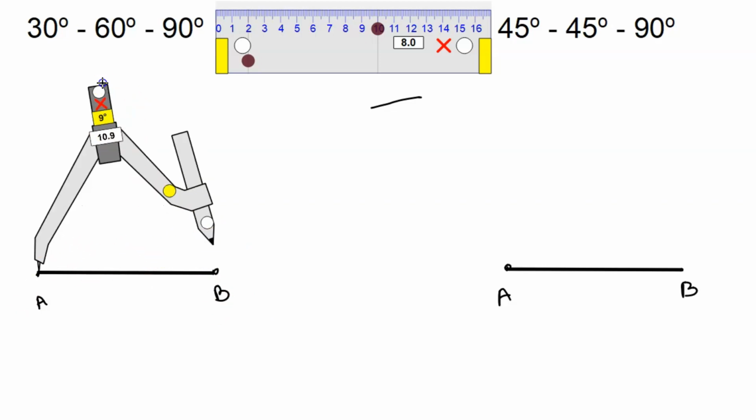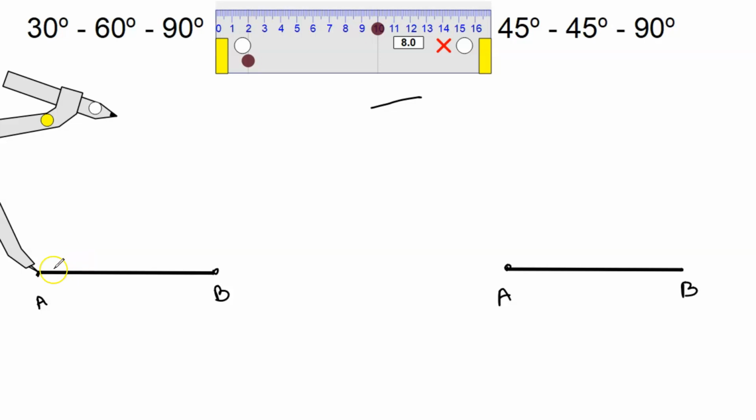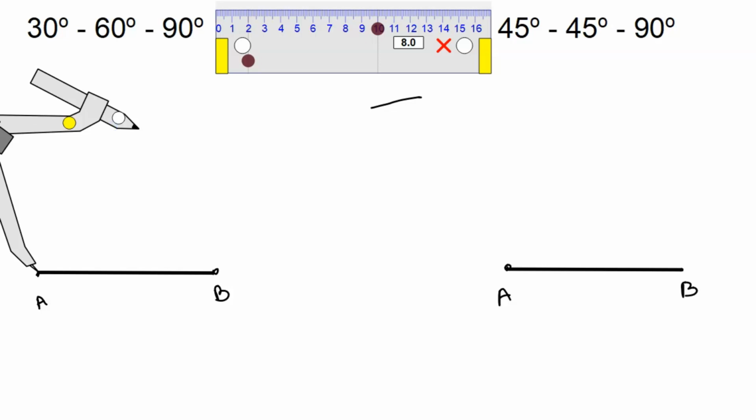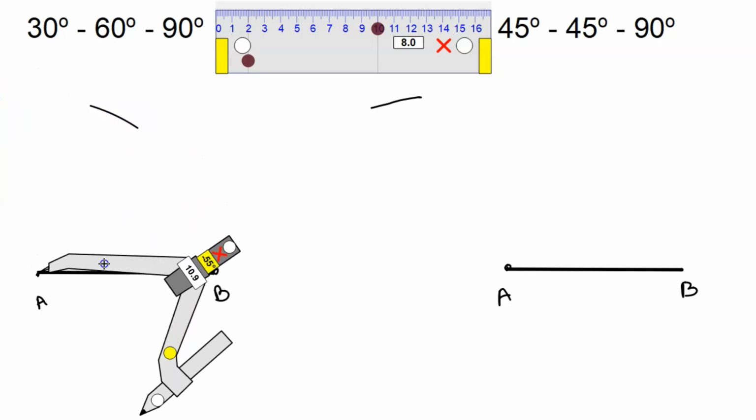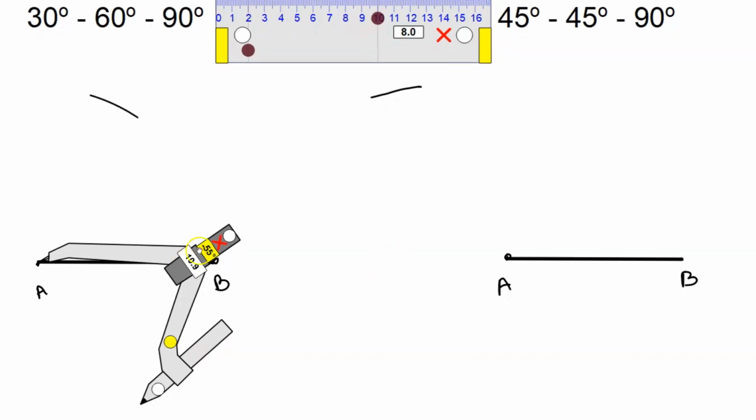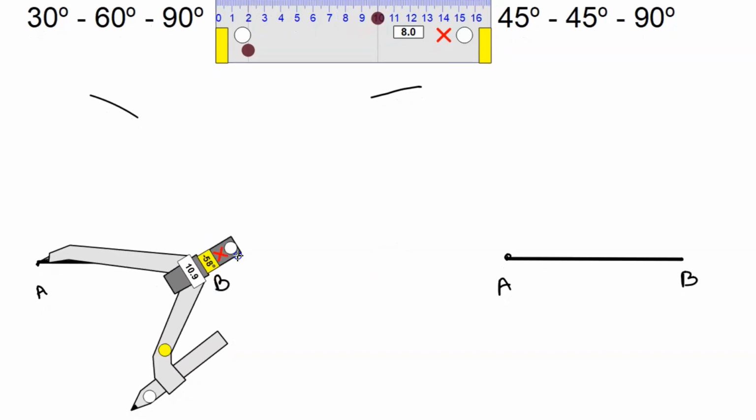And then what you're going to do is you're going to swing out, and you want to be above the halfway point here, because if we get it exactly at the halfway point, we can create a 60-degree angle. So we're going to make an arc up here, and we're going to also swing down. I'm going to have to move my screen down a little bit. There we go. And make an arc down here.